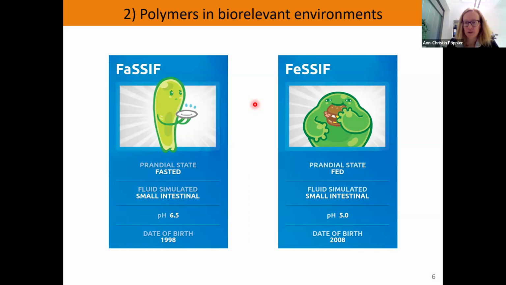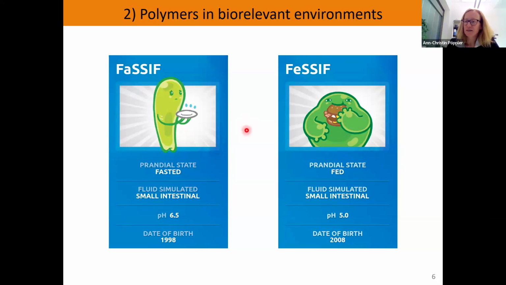And in particular, I would like to introduce you to FaSSIF and FeSSIF, which is the abbreviation for fasted and fed state simulated intestinal fluids. And this means that these 2 mixtures that you can buy from the company Biorelevant can be used to simulate the fluids in our intestines.